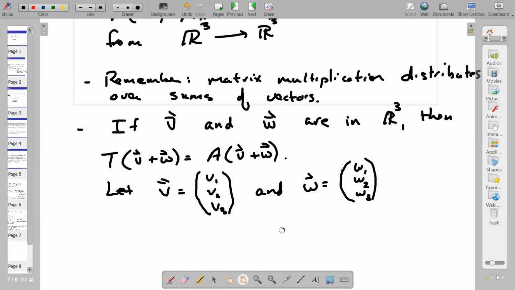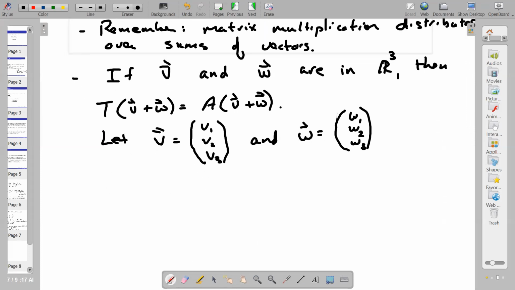Yes, there's a question. Excuse me, Professor, why are the v vector and the w vector defined in a row instead of in a column? Being a column rather than a row, I think you mean? Yes, they're vertical. So this comes down to a choice of how you want to define linear transformations.